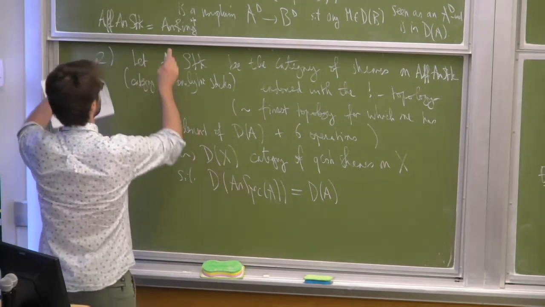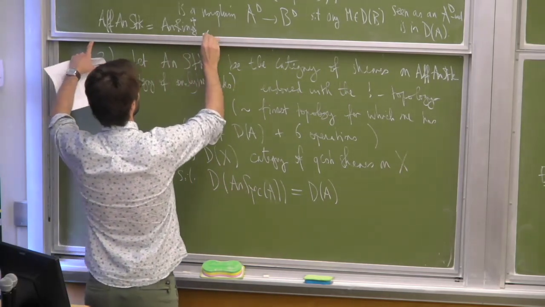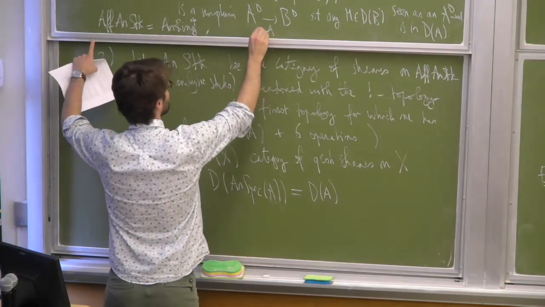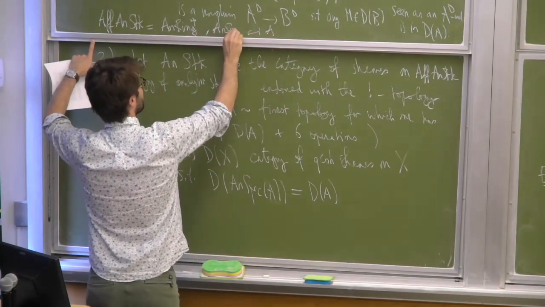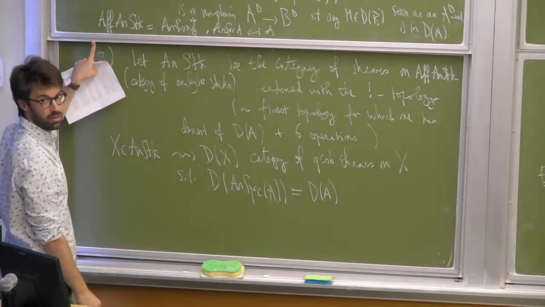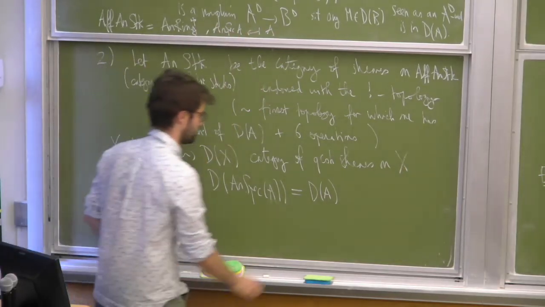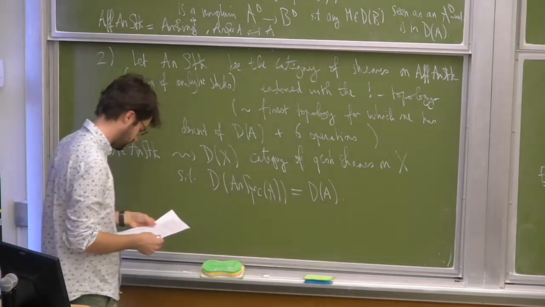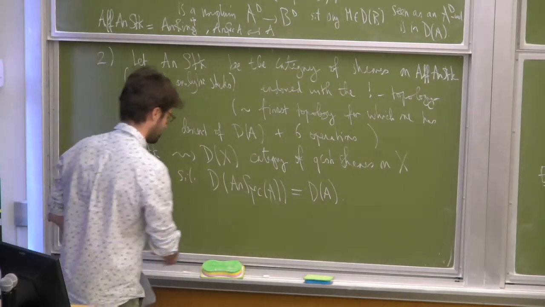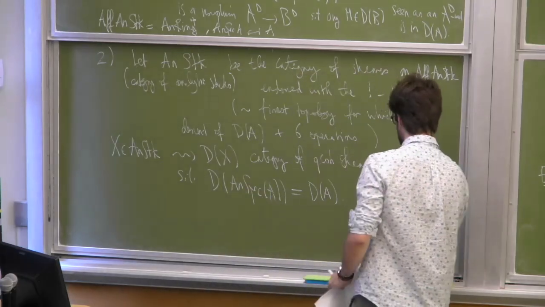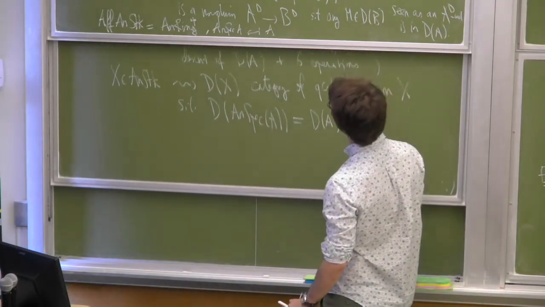That's pure notation. If I think of an analytic ring as an affine analytic stack, I will denote it Spec. That's just notation. All right, so that's about analytic stacks.